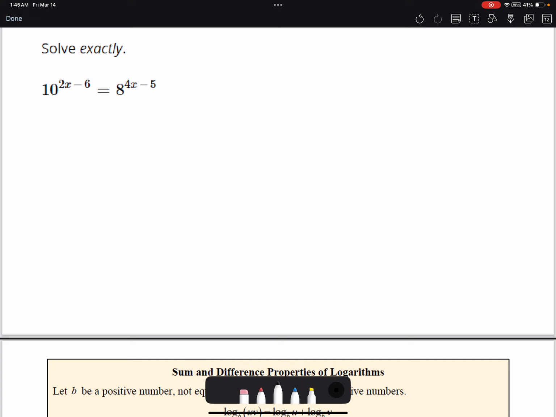we have 10 to the 2x minus 6 equals 8 to the 4x minus 5. So what we're going to do is we're going to log both sides because we don't want those exponents. So we have log of 10 to the 2x minus 6 equals log of 8 to the 4x minus 5.